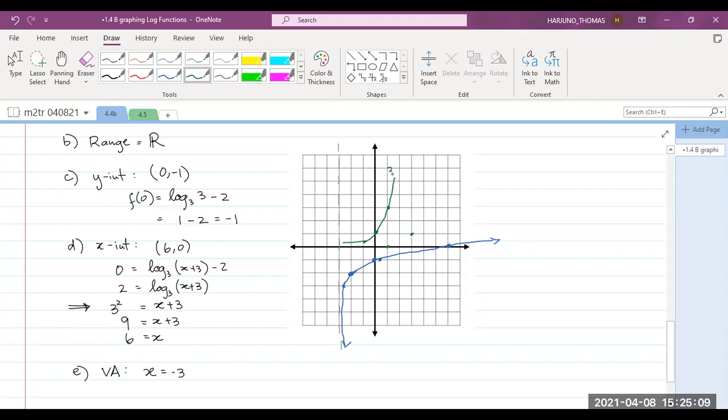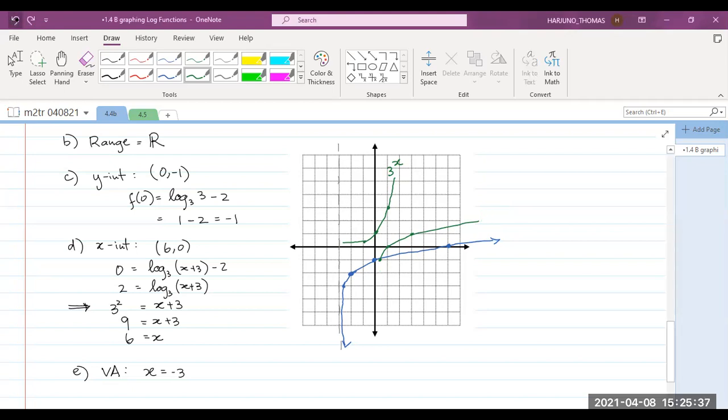So the reflection of 3 to the x will give us log base 3 of x. Okay, that's where we get those 3 important coordinates. Now from log base 3 of x, we move 3 to the left, 2 units down.